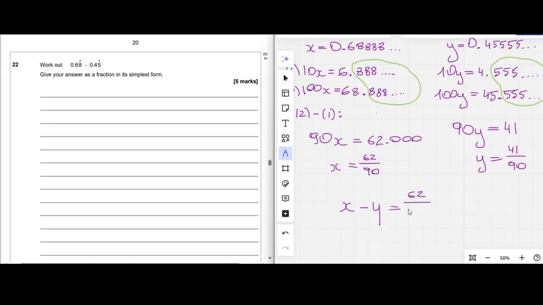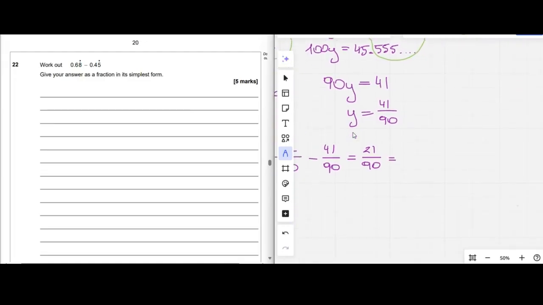So 62 over 90 minus 41 over 90 is 21 over 90. Yes. In the simplest form, so let's cancel. Let's divide by 3, 7, and then 30. And that's it. Okay.